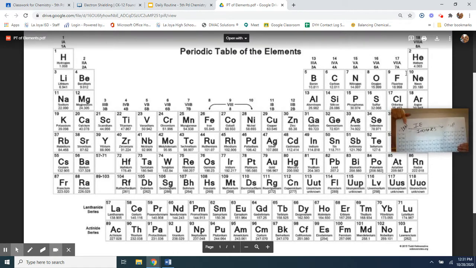So it goes from being low to medium to high to higher, okay? And it's supposed to say high, but I guess I erased that when I was doing some writing. So it goes from being low to being high as you go across the periodic table.